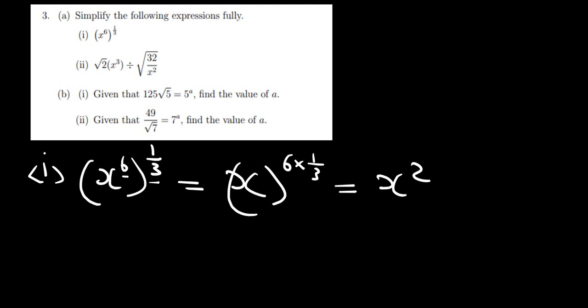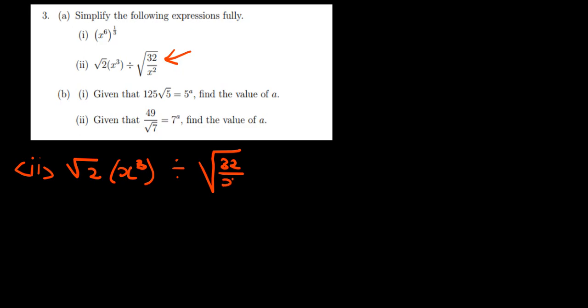Let's look at the second one there. Okay, so the second one here, we are dealing with surds now. So this is number 2. We have the square root of 2 multiplied by x cubed, and then we are dividing this by the square root of 32 divided by x squared.